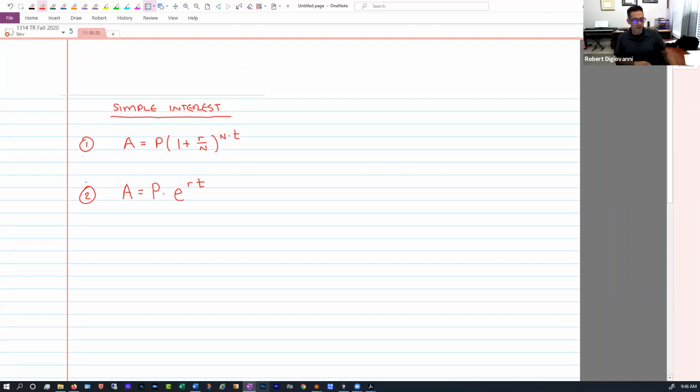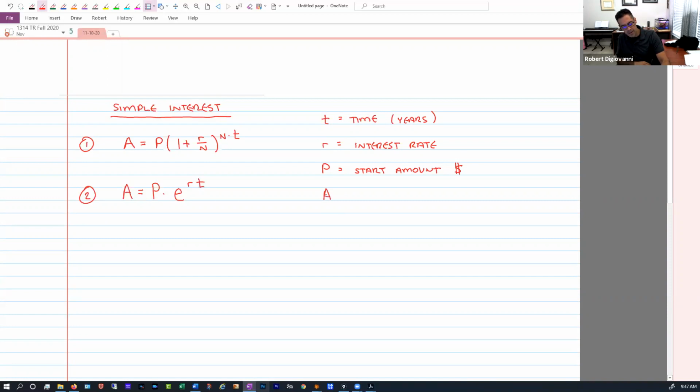And I talked about in the video what all of these letters represent. So I'm going to just write those down again. T is equal to the time that the money is left in the account. And this is always measured in years. R is the interest rate. And then let's see, P is what we call the principal. This is the starting amount of money.